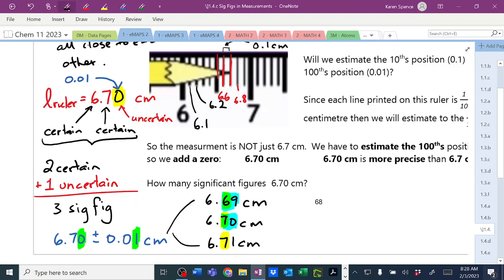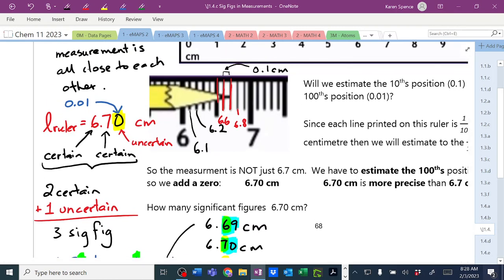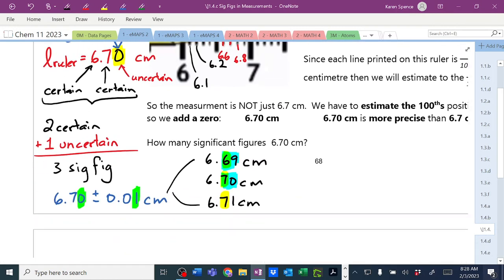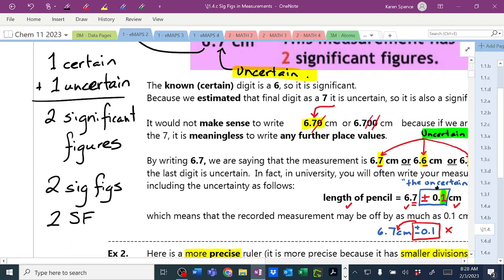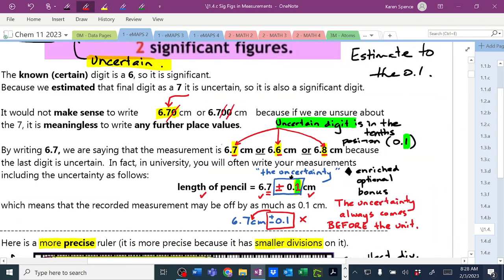Okay. Now, I promised to talk about why this ruler was more precise. Well, let's compare these measurements, which is ruler B, with the measurements that we had from ruler A. And the measurements that we had from ruler A could have been 6.7, 6.6, or 6.8.